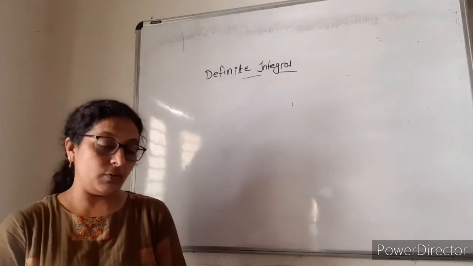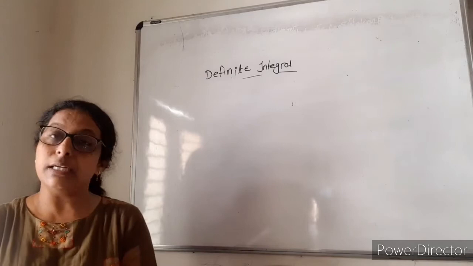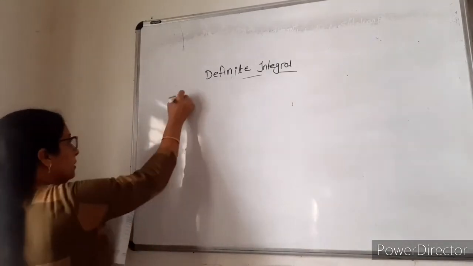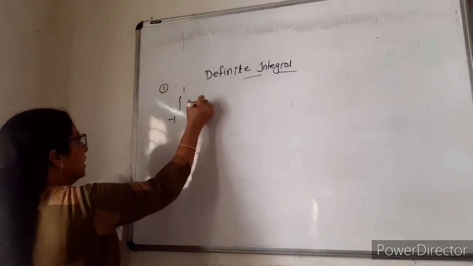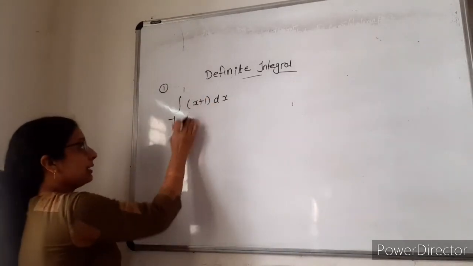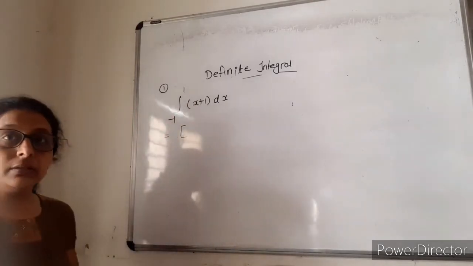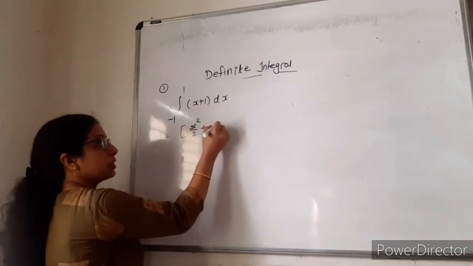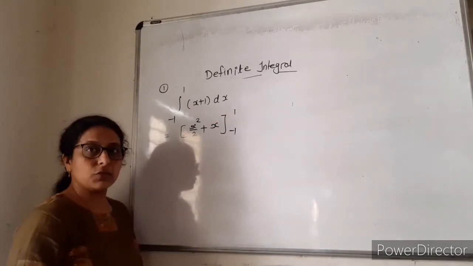Directly we will go to the question, that is exercise 7.9. Evaluate the definite integral. So first is given integration from minus 1 to 1 of x plus 1 dx. Separately we can find the integration: x square by 2 plus integration of 1 is x, limit minus 1 to 1.